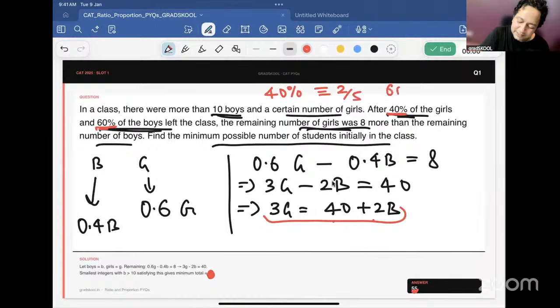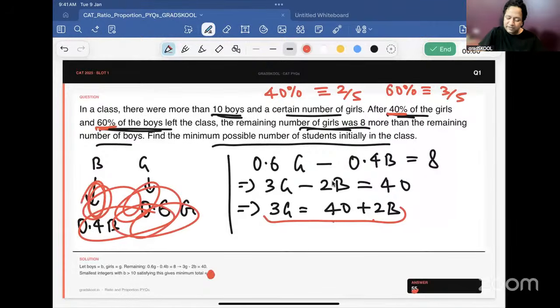And 60% is equivalent to 3 by 5, right? So to have a number of which 40%, 60% is an integer, that number should be a multiple of 5. Yes or no? So the boys should be a multiple of 5 and girls should also be a multiple of 5. Does that make sense?